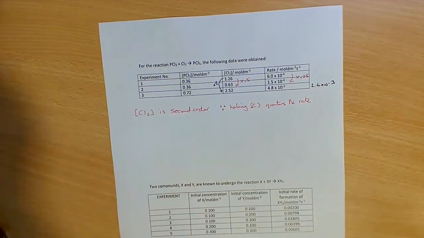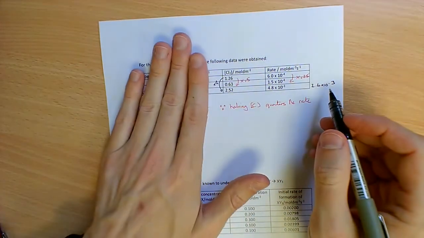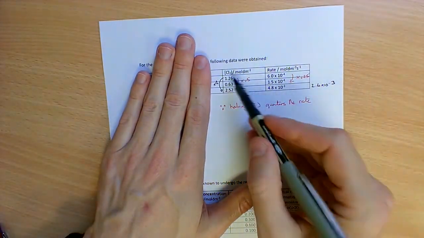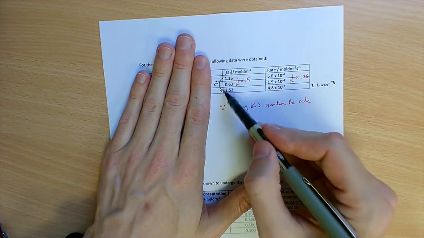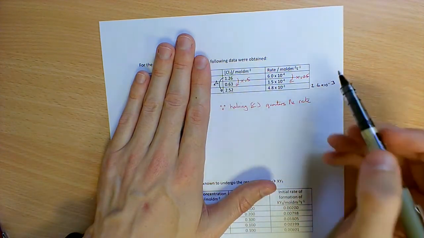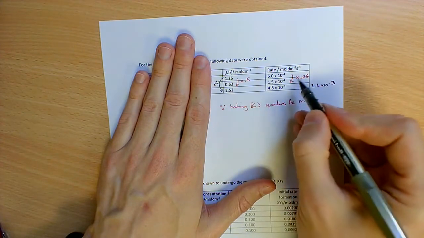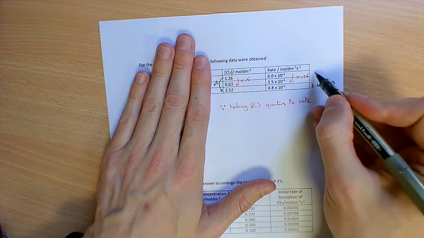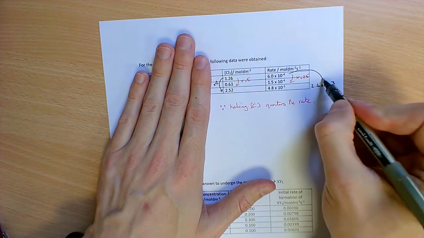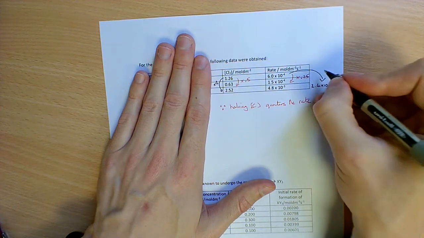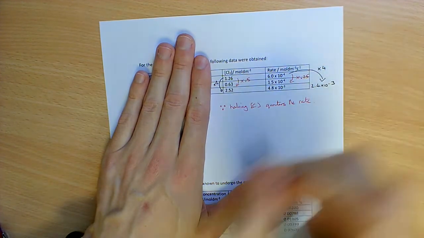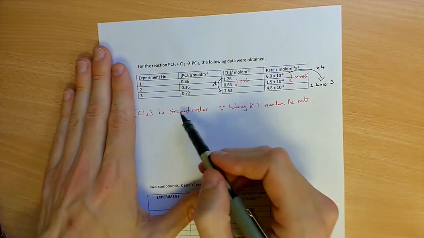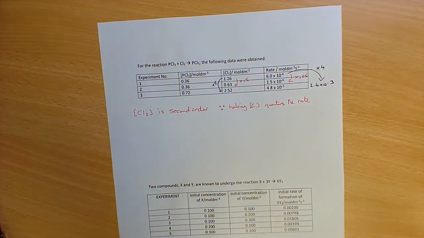So that is the initial rate. So if we ignore the PCl3 for now, if I'd doubled the Cl2, which is what I have between experiments 1 and 3, then the rate would increase from 6 times 10 to the minus 4 to 2.4 times 10 to the minus 3, an increase of a factor of 4. And we know that's going to happen because we've already established it's second order.